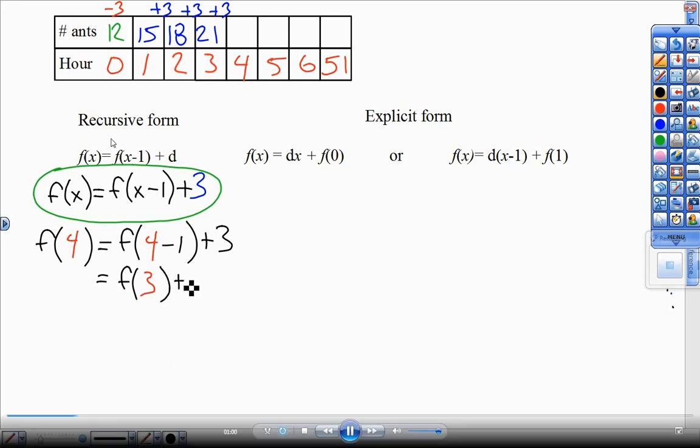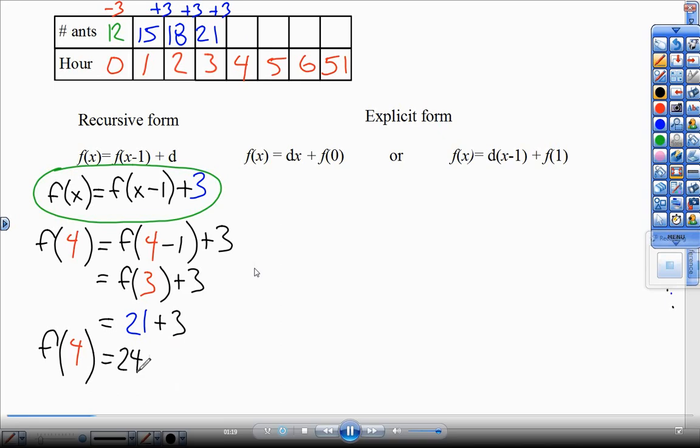Of course, the function at the third term is the number right before the fourth one you're trying to find. So I replace that with the numerical value 21, and I add that 3, which gives me the function at the fourth term is, of course, 24.